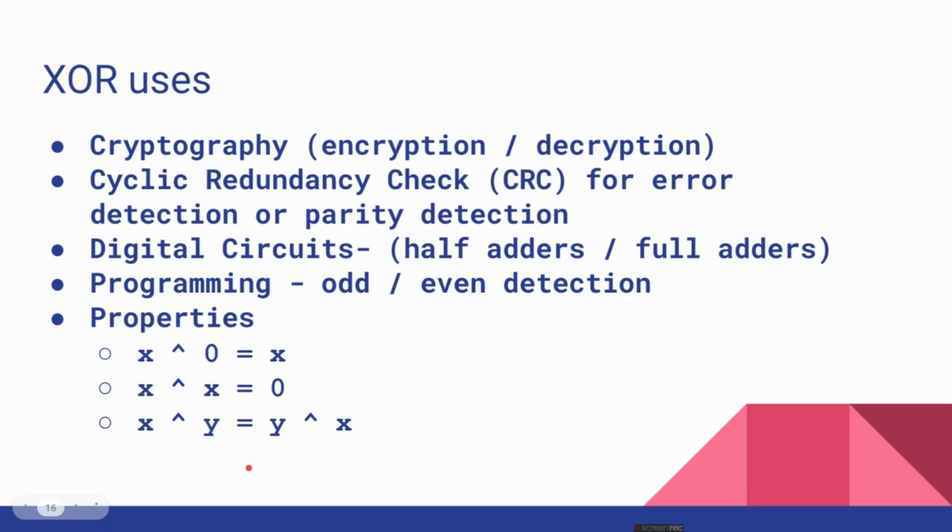The XOR value of x and y swapped is the same thing. There are a few more properties regarding XOR, and I'm going to link a fun article in the description that talks about more use cases of XOR. So feel free to check that out.